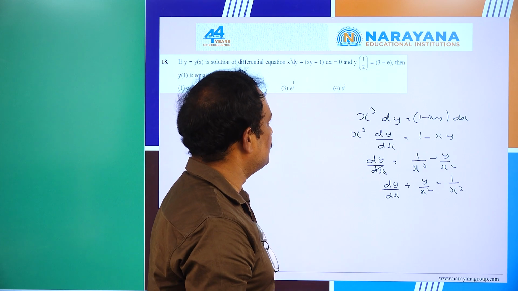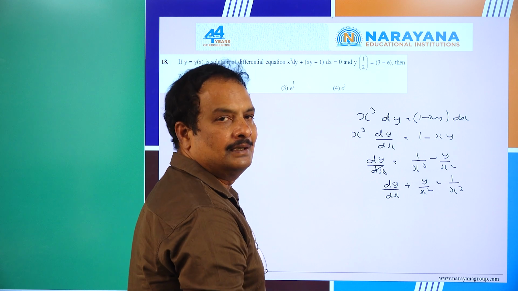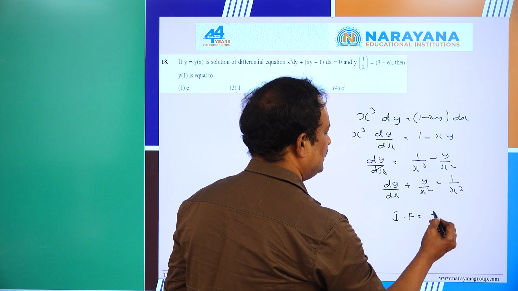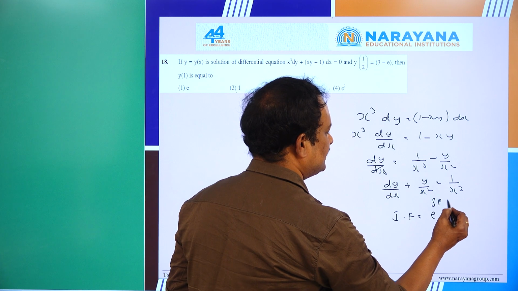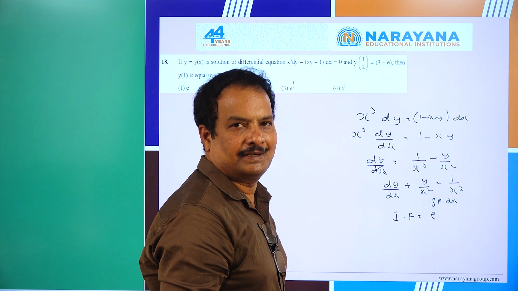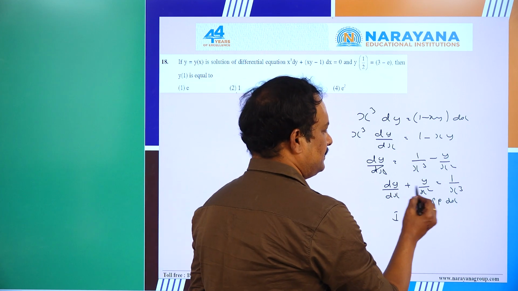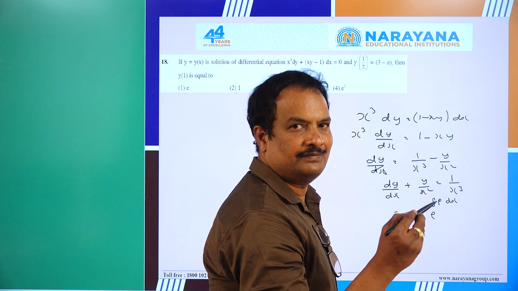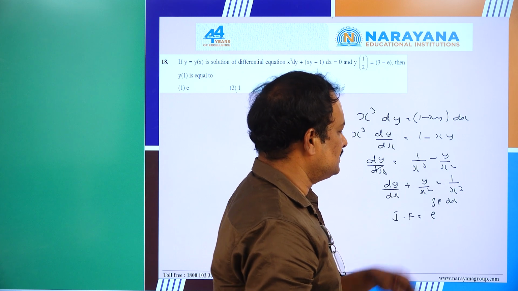So you have to just find out the integrating factor. Okay, so what is the integrating factor? Integrating factor is equal to e power integral of P with respect to x. Okay, what is the P value? P value is 1 by x square, because here dy by dx plus Py equal to Q means P is 1 by x square, which is a function of x, and Q is also a function of x here.